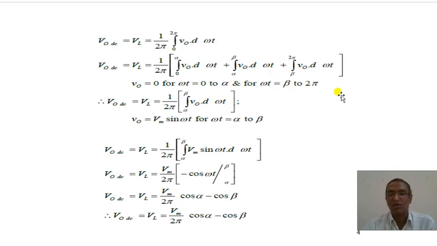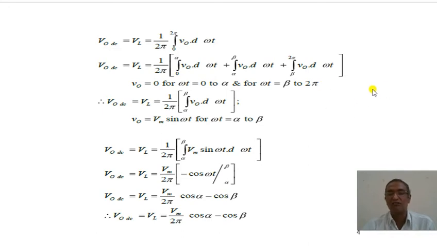So these two terms become 0, and we have only alpha to beta of V0 d omega t. Applying this, V0 average DC is 1/2 pi times the integral from alpha to beta of V0 d omega t, where V0 is equal to Vm sin omega t.